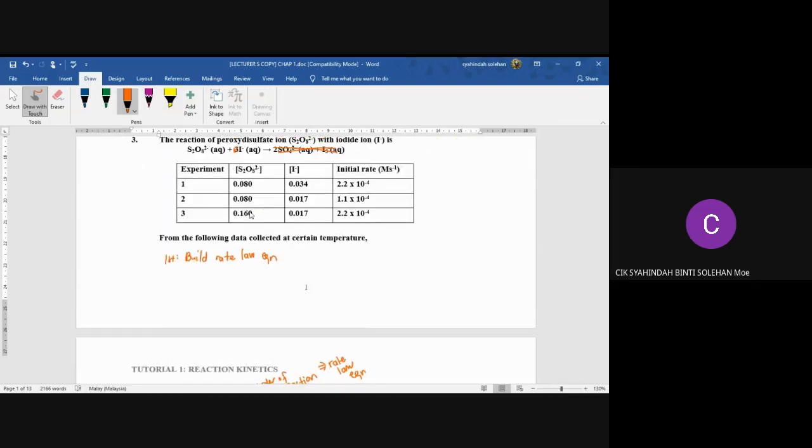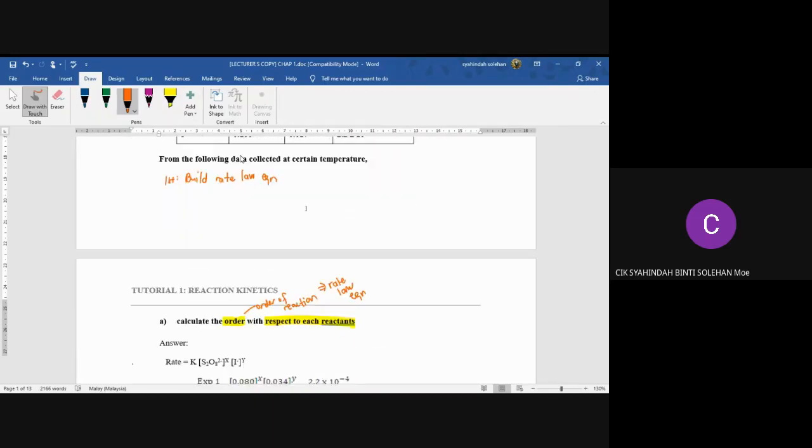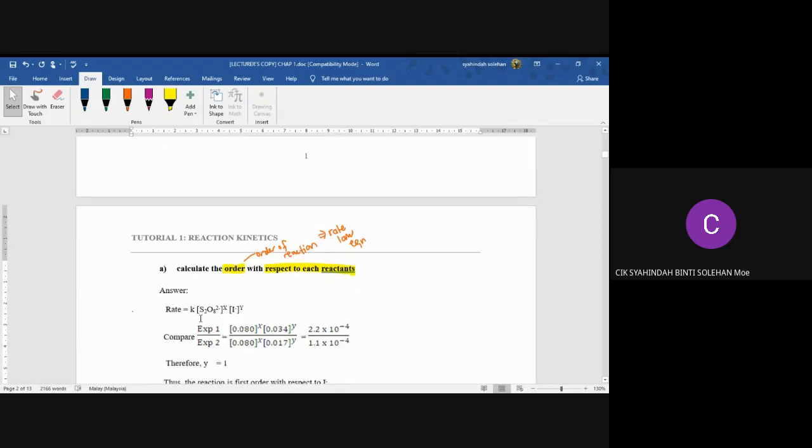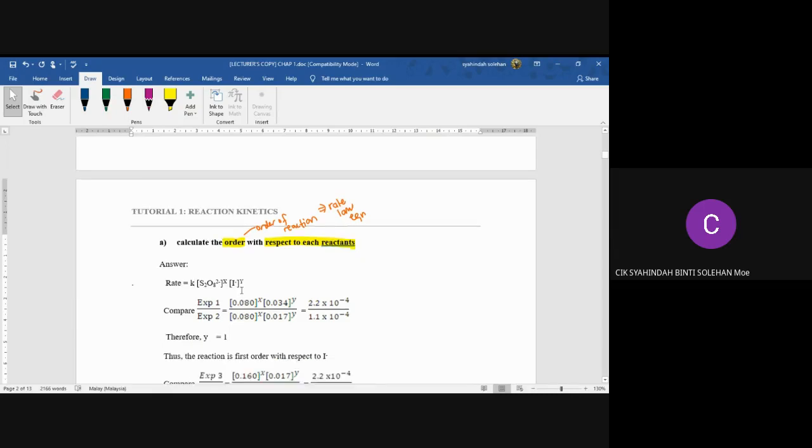So you know you have two reactants, which are S2O8 2- and also I-. So it's going to be rate, okay, equals rate constant k multiplied by the concentration of reactant S2O8 2- to the power of x, and then multiplied by the concentration of I- to the power of y.